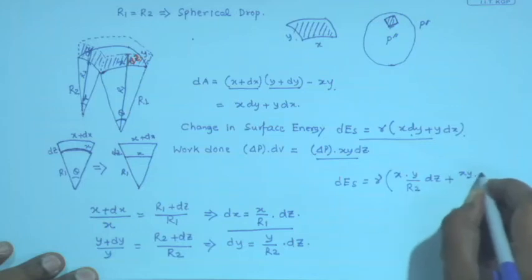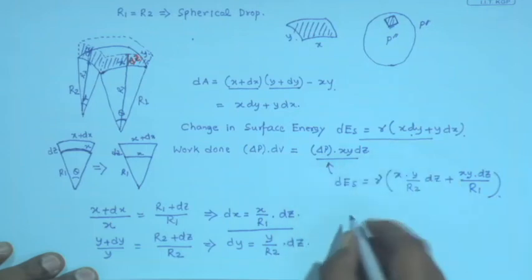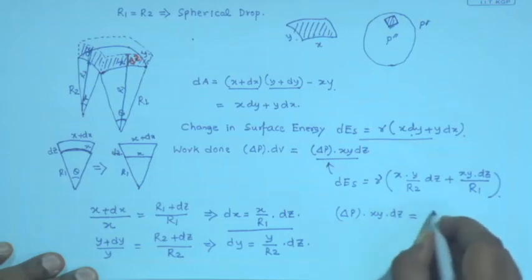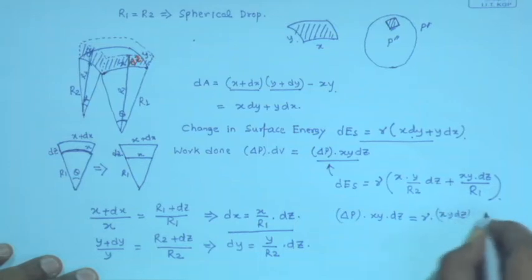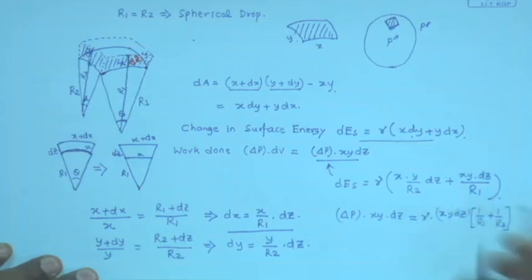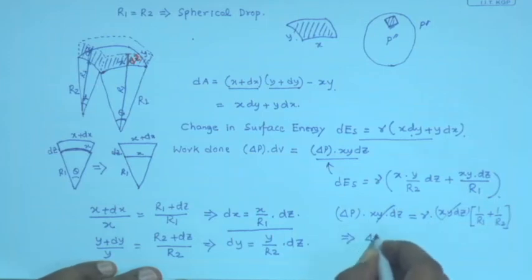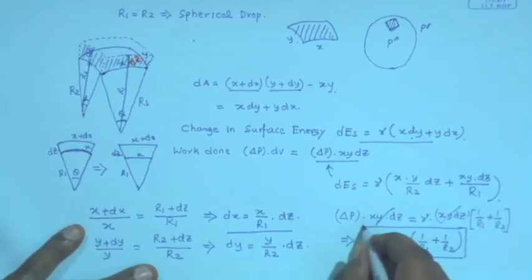So, xy into dz by r1, and this, as we have already argued, equates with delta p into xy into dz. So, on the right hand side you find gamma into xy dz comes out as common, and you are left with 1 by r1 plus 1 by r2. You can write 1 by r2 plus r1, does not matter. So, these terms cancel out, and what you get is a very neat equation which is known as the Young-Laplace equation.